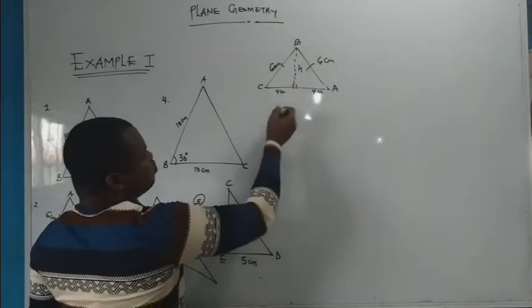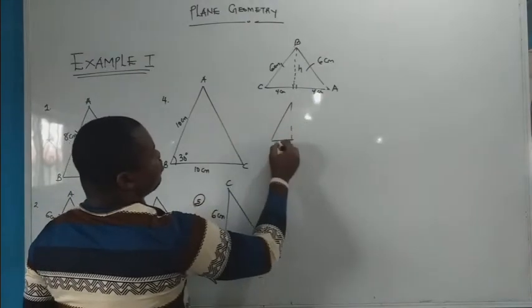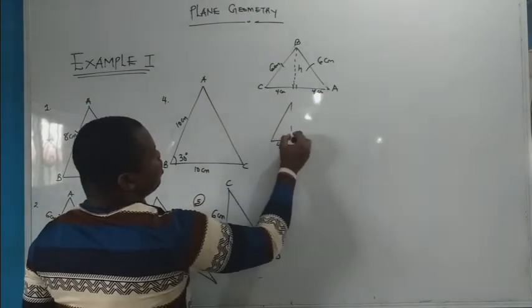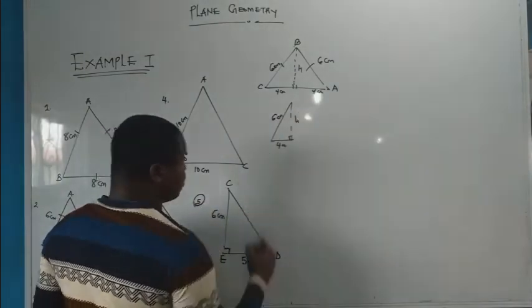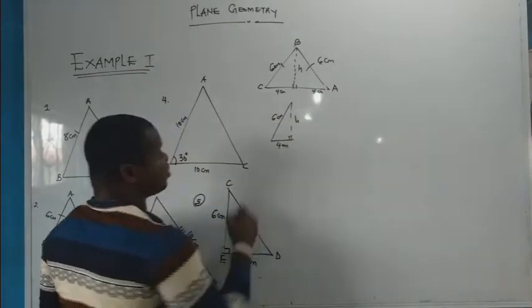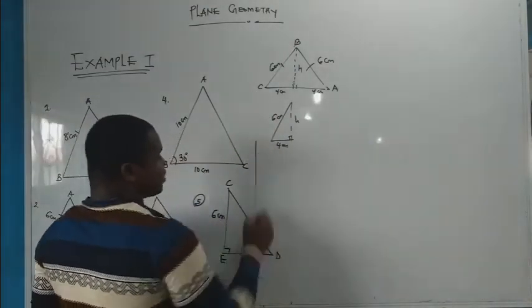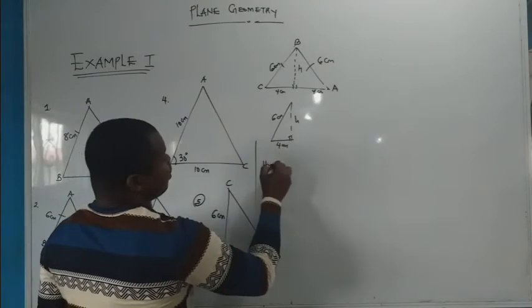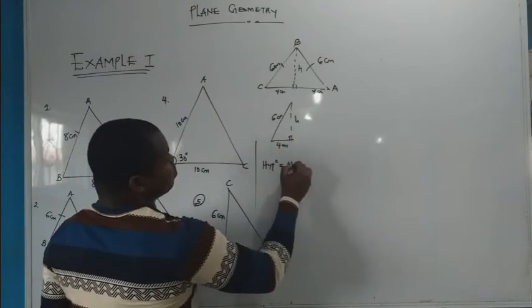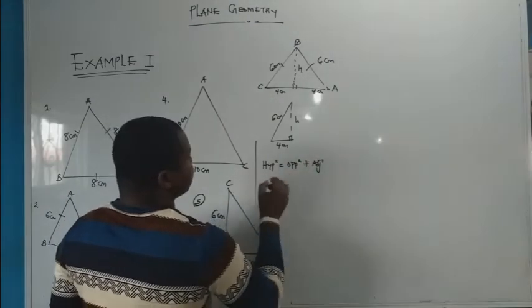So bring out the right angle triangle. We have this, that's 4 centimeter. Then we have 6 centimeter, and we have H. So what do we do from here? To apply the Pythagoras theorem, it says hypotenuse squared is equal to the opposite squared plus the adjacent squared. So what's the hypotenuse?